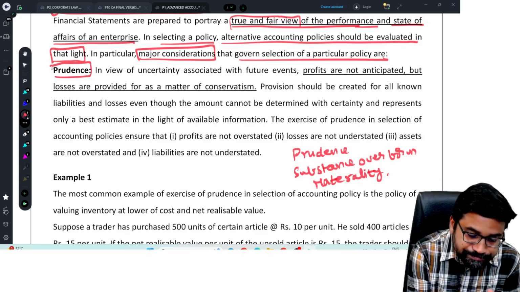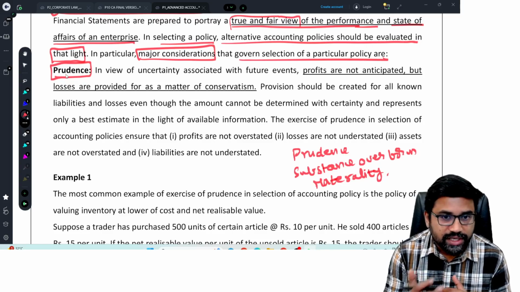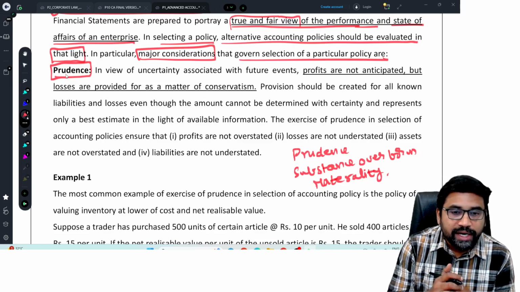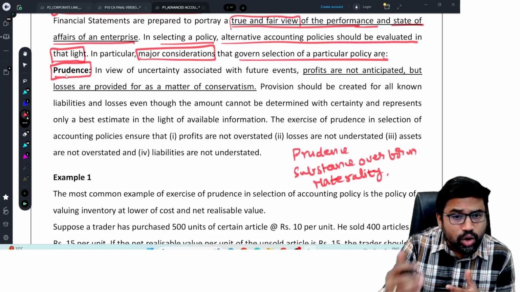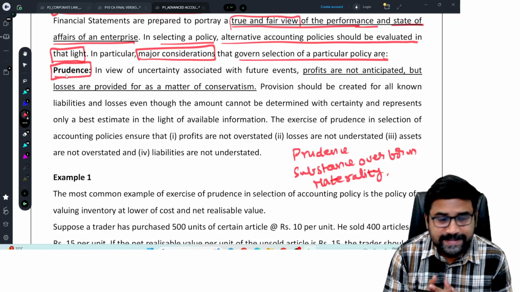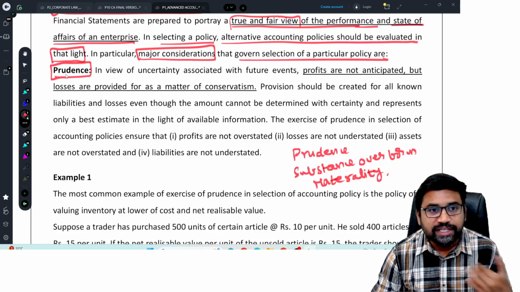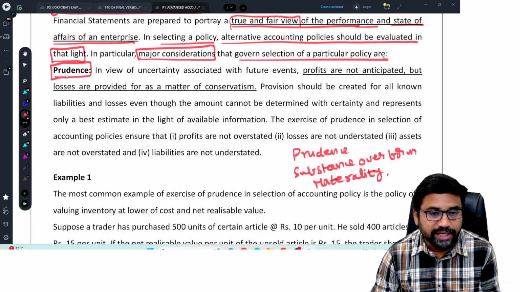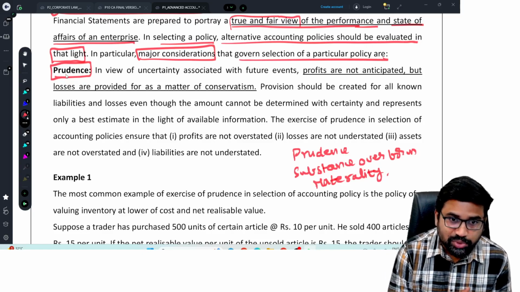First, prudence. Sir, what is prudence? Prudence says profits should not be anticipated, but losses should be recognized. Losses can be anticipated and recognized. So always the concept of prudence is, when it comes to profits, don't anticipate. When profits are certain, you recognize them in the books.